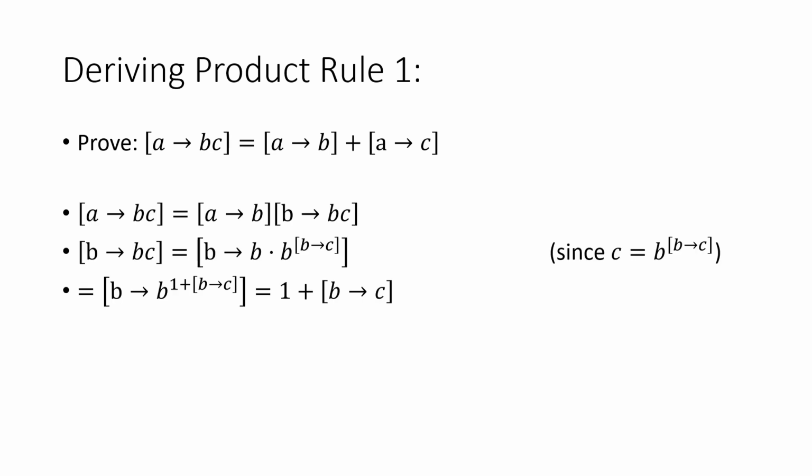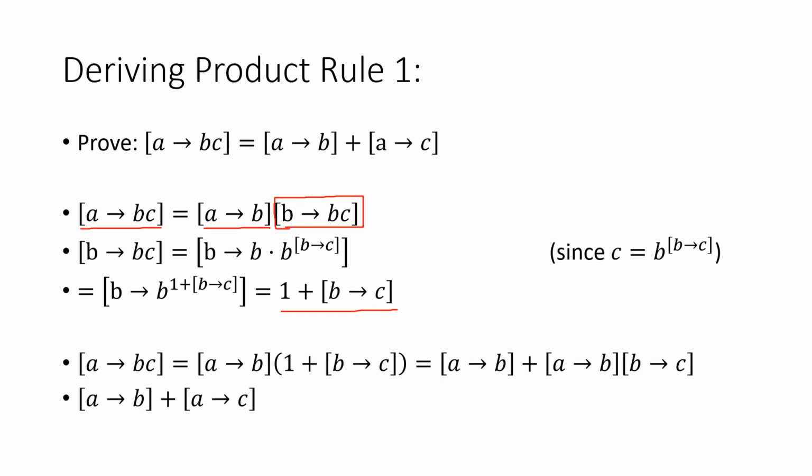Well, to prove this, let's start with the left side. We can separate this into two paths, a to b and b to bc. And this path over here can be proven to be equal to just 1 plus b to c. If we accept that for the moment, then we can combine that result so that we have this over here.